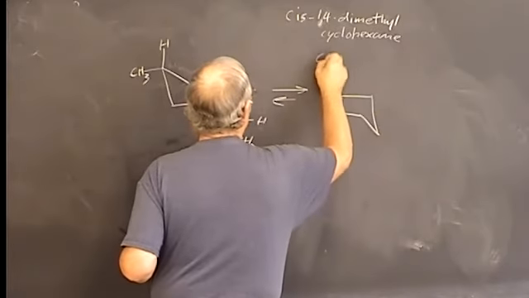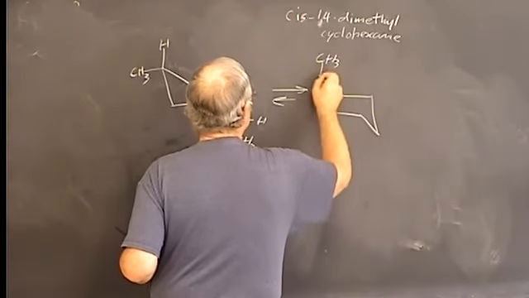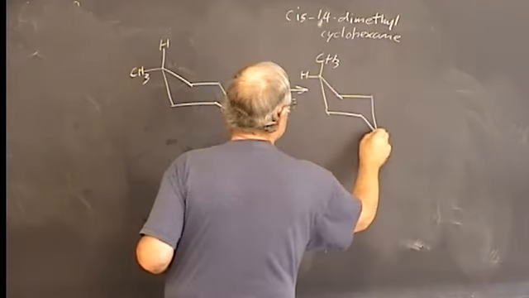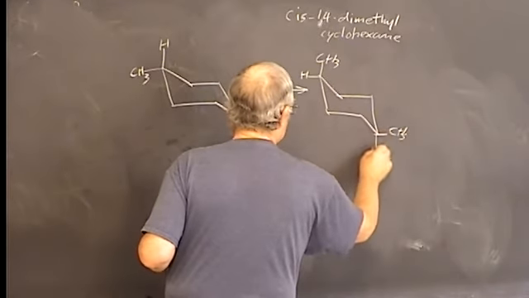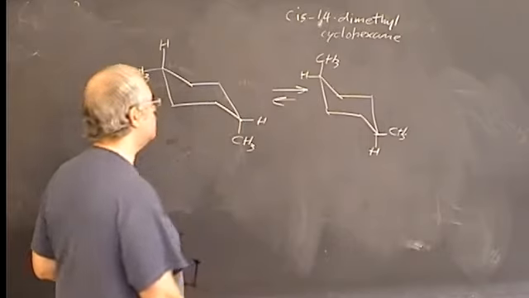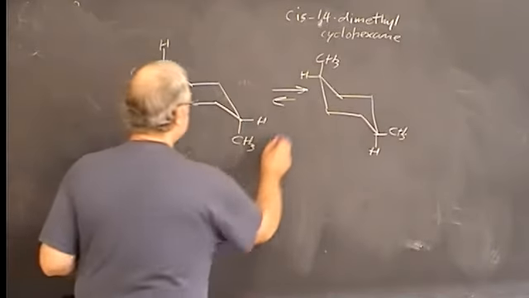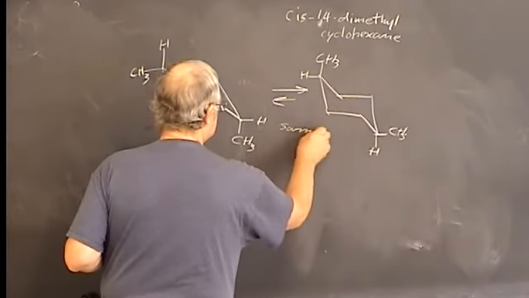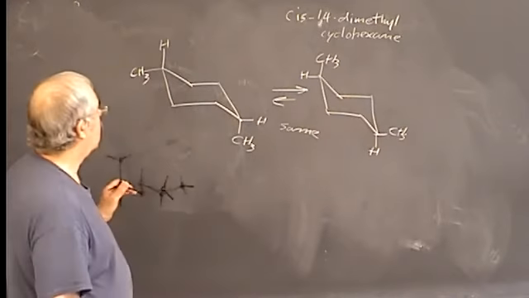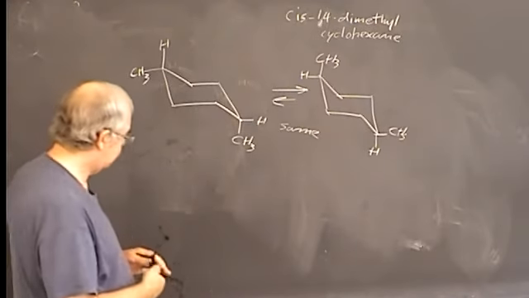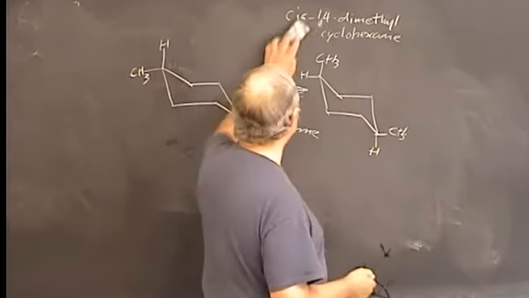So this is now axial, and this one is equatorial. Okay, these would have the same energy. So that's the cis. All right, let's look at the trans next.